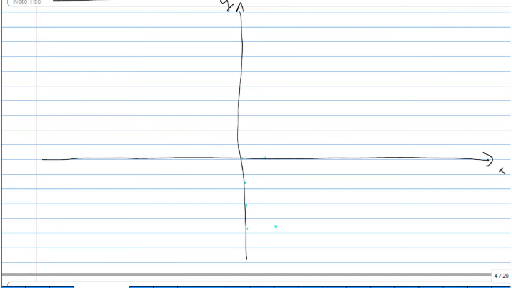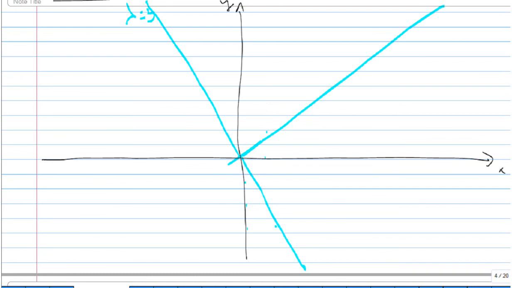So this is the point. So this is for lambda equals 3. And for lambda equals minus 2, we have 1, 1. So this is the straight line that corresponds to lambda equals minus 2.